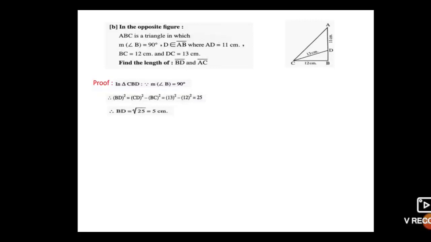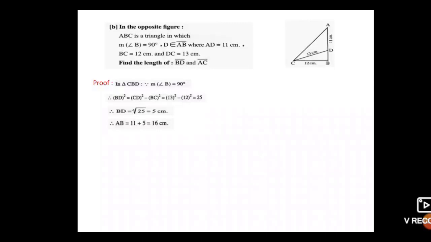By substituting, it will be 13 squared minus 12 squared equals 25. To find BD, you take the square root of 25, which equals 5. Now the length of BD is 5. Now you can find the length of AB by adding 5 and 11, which is 16.